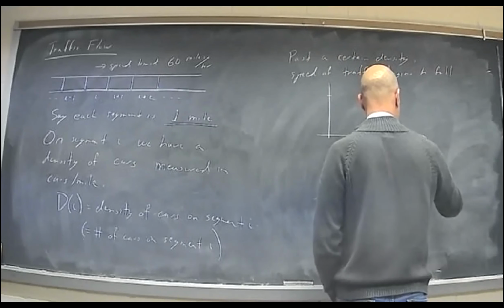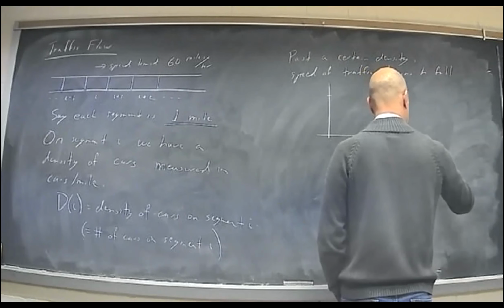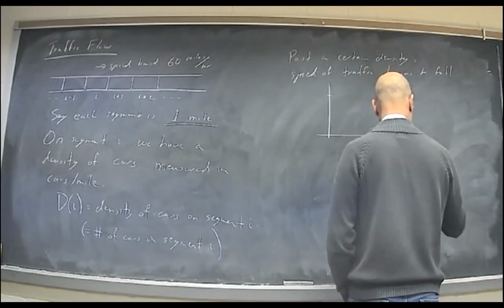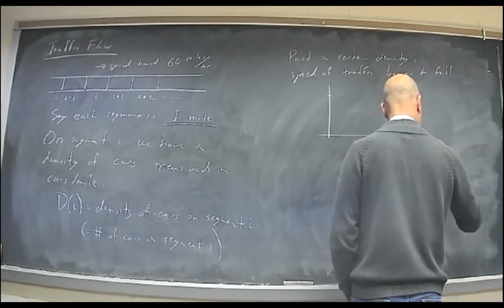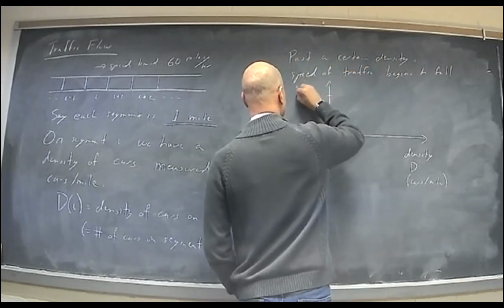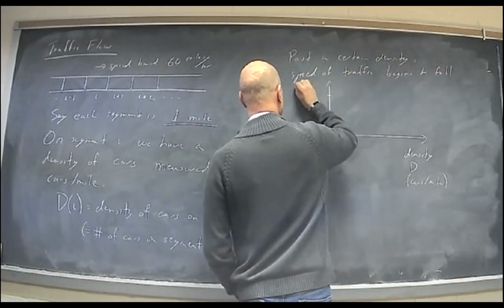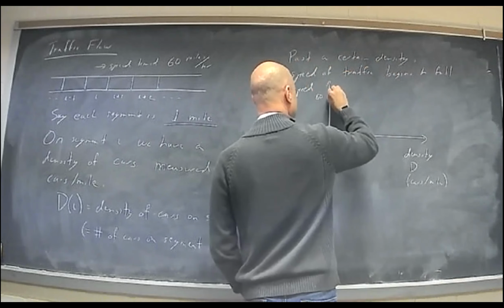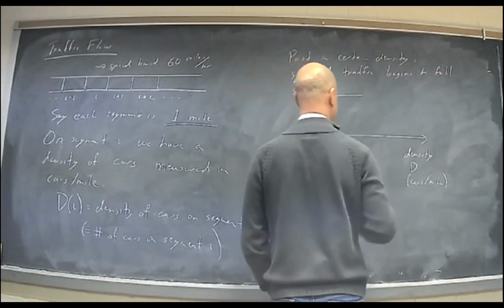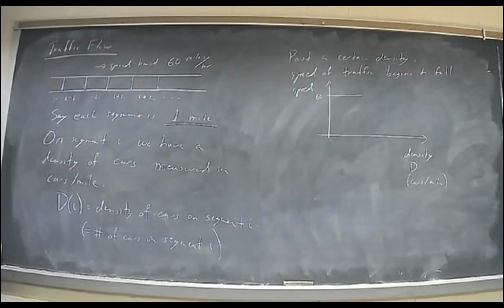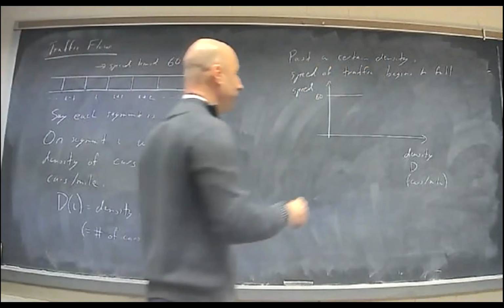if density is along this axis, density D in cars per mile, and velocity is on this axis, so speed is on this axis. Up to a certain point, everybody's going to drive whatever they're going to drive. So we'll just say everybody's a law-abiding person. They'll drive 60 miles per hour.